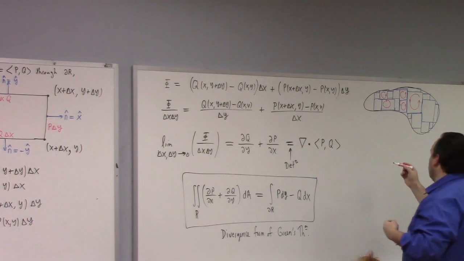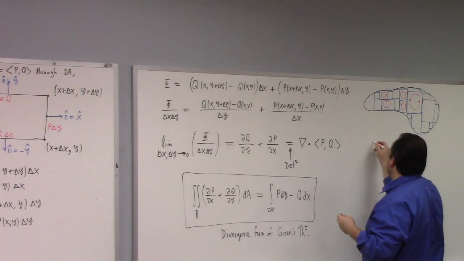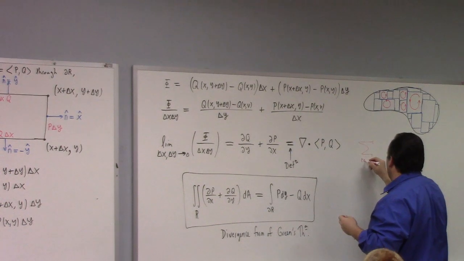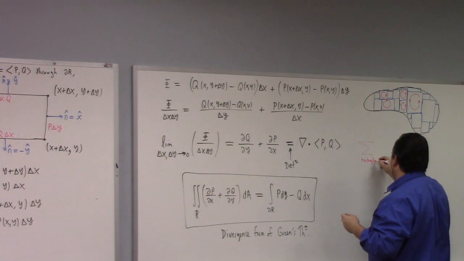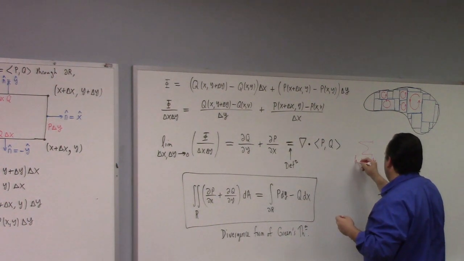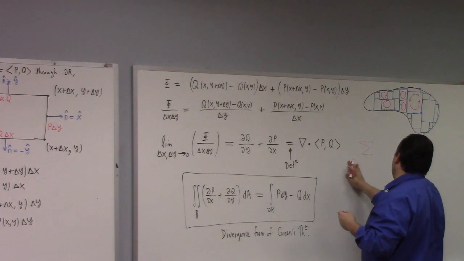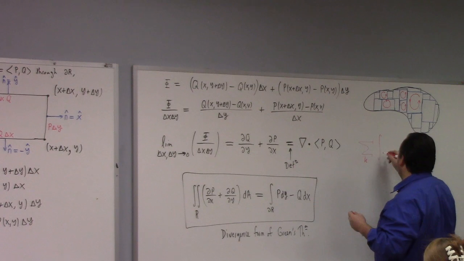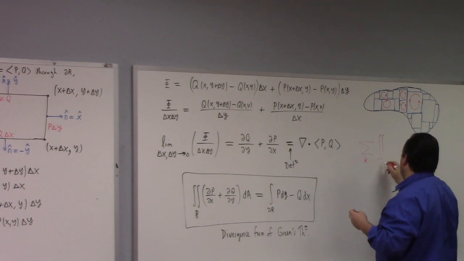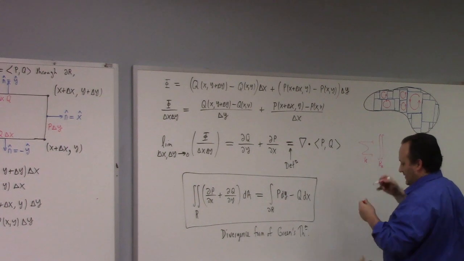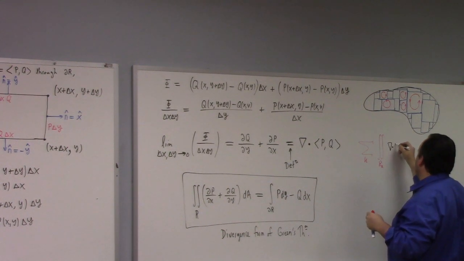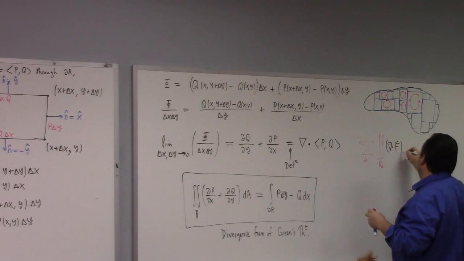So what happens here is, if we take the sum over all the rectangles, let's say k, where k indexes a rectangle, we have the double integral over the kth rectangle of the divergence of the vector field dA.